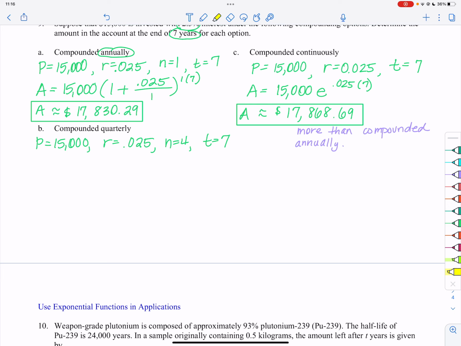So now you can see that n is equal to 4.